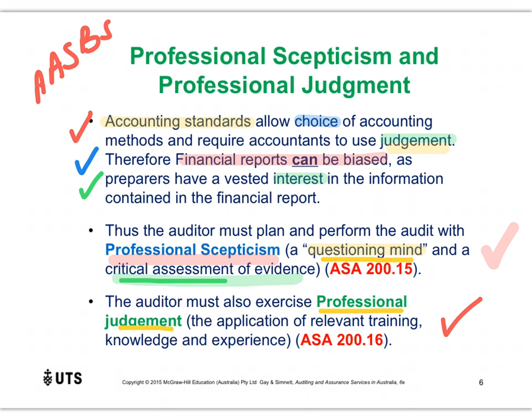As a result, keeping all this in mind, we must maintain a questioning mind. We must act with professional skepticism, and we must carry out our audit through the exercise of professional judgment to make sure that we apply our knowledge, our experience, and our expertise to ensure we do a good quality audit. We exercise professional competence and due care.